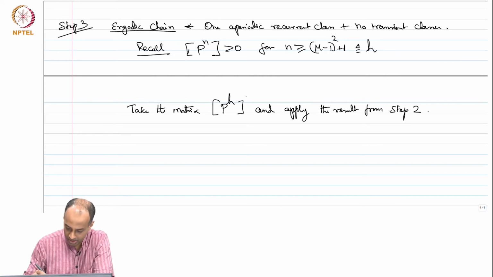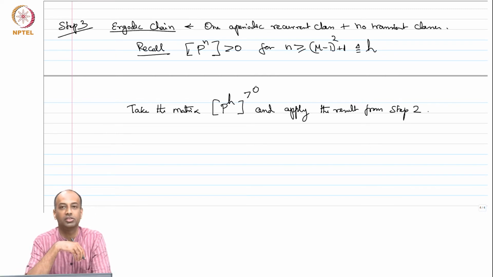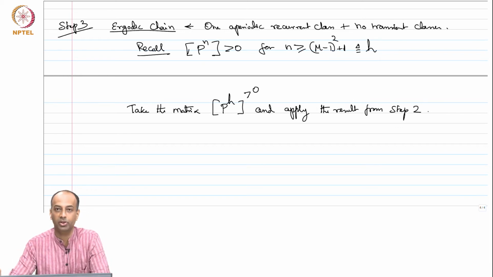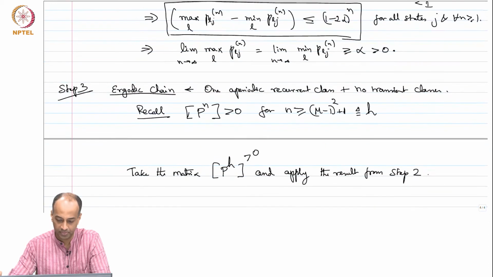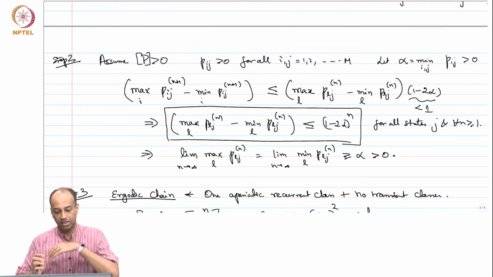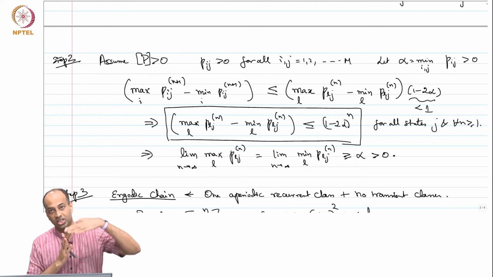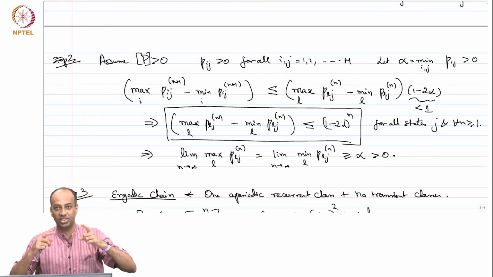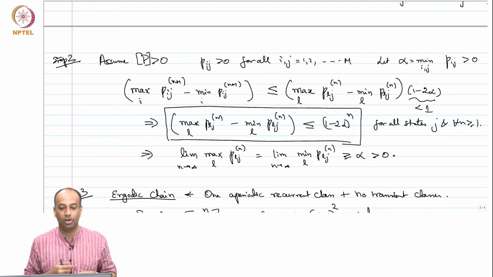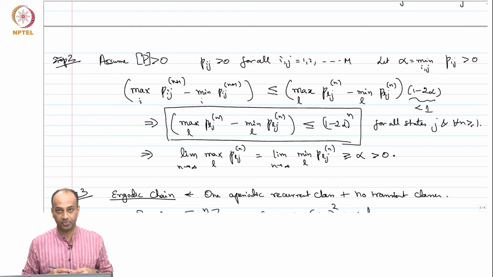This matrix p to the h has strictly positive entries, so you can apply the result that we proved here. For the matrix p to the h, if you take p to the h to the n plus 1 and p to the h to the n, then this result on your screen will apply. So p to the h will satisfy this result.